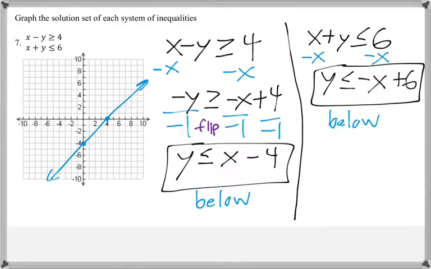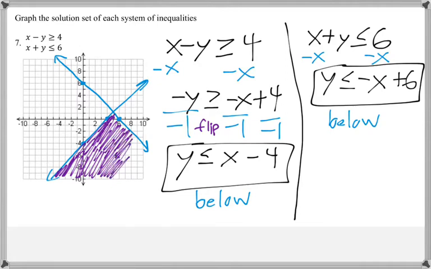And then the other one crossed at (6, 6), and the intersection of the shadings was right here. And that will be our answer.